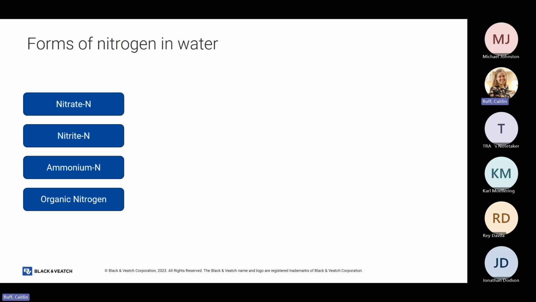And then we have a couple of different ways of measuring these. So we're going to go over those real quick. I'm going to ask the larger group here, what is TKN, or total Kjeldahl nitrogen? If I were to look at these four different components, which of these components am I getting out of that test?